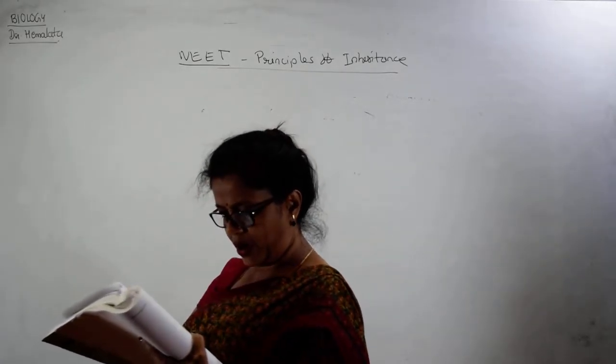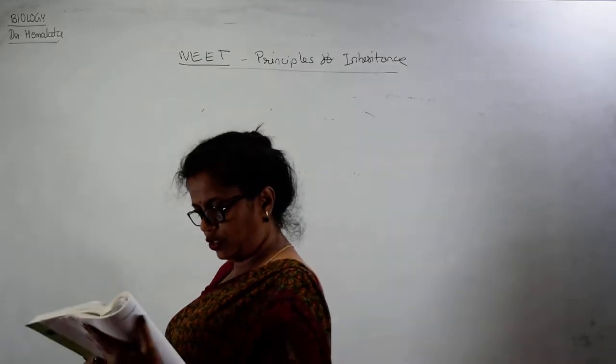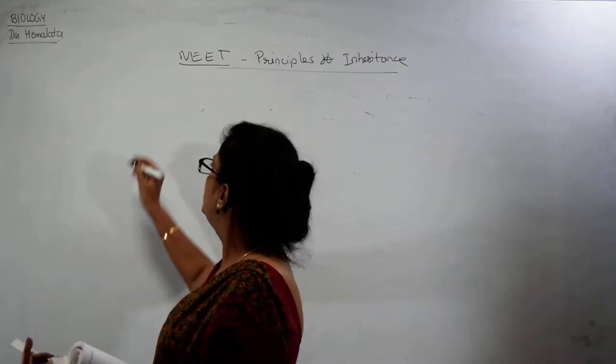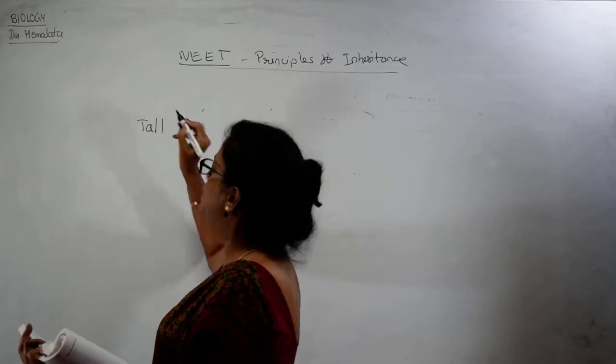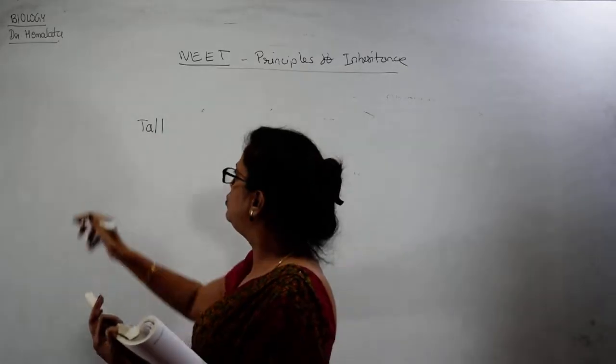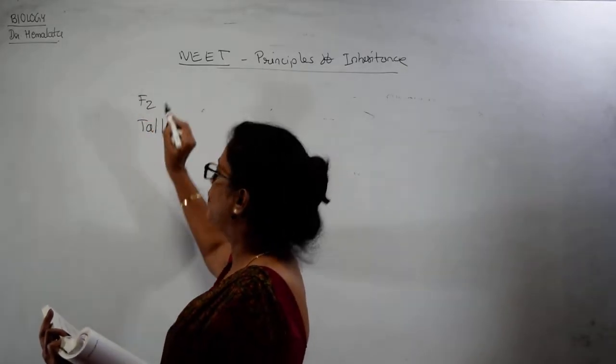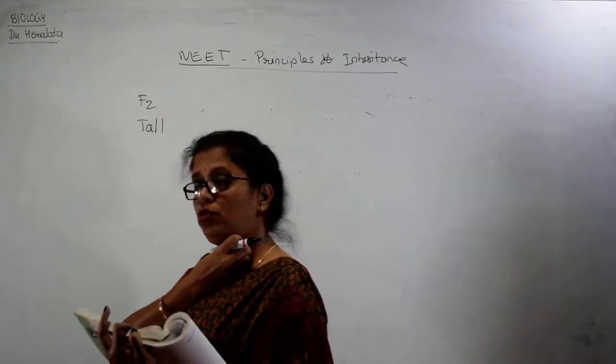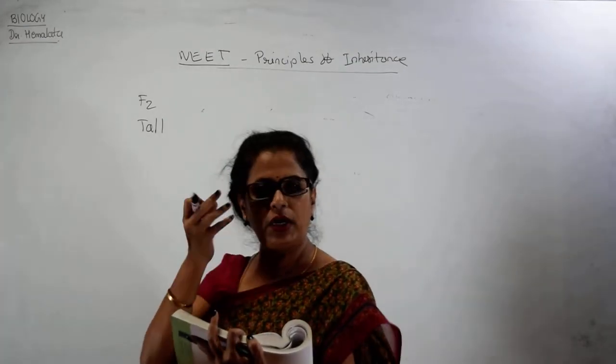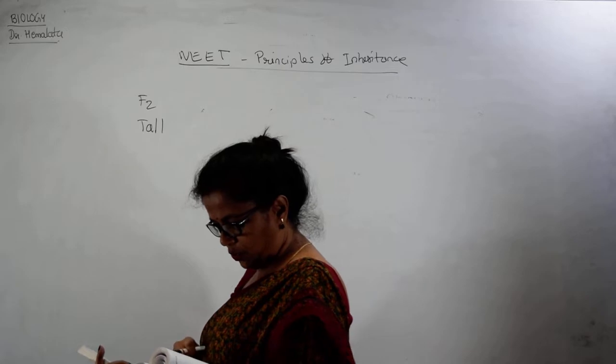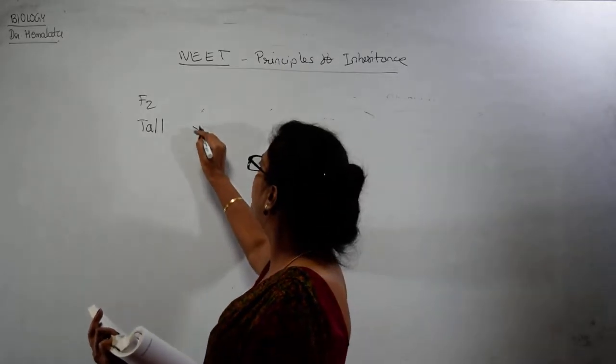What is it they are saying? To identify the genotype of a tall plant. There is one tall plant, a dominant character in the F2 generation. Whether it is homozygous or heterozygous, you don't know. What he did was cross the plant with a dwarf plant.